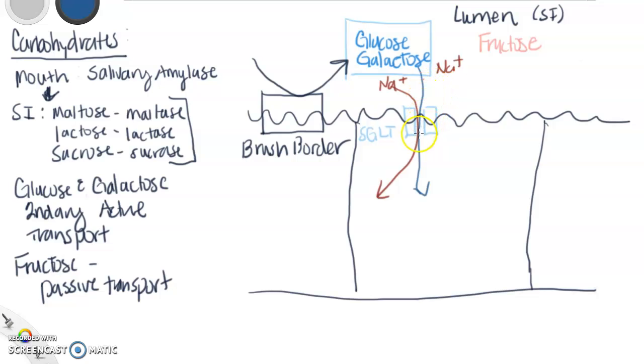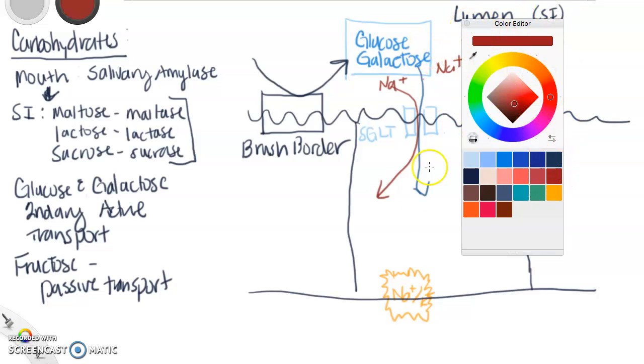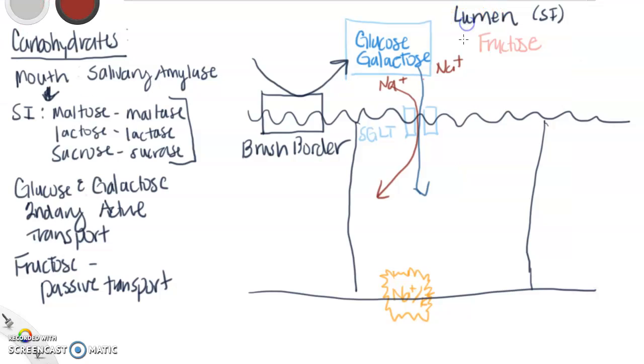Okay, so as sodium is coming in the cell, we don't want it to build up, because if it builds up, then it'll stop flowing. So we have to do something to keep the gradient alive for that sodium. So to do that, we have to utilize something called sodium potassium ATPase, or the sodium potassium pump. And that sodium potassium pump will take the sodium out and we'll put it in the blood.